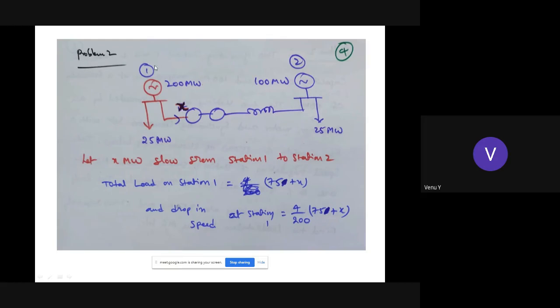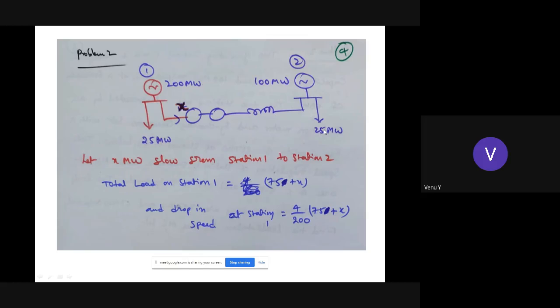Problem number 2. There are two generating stations. Generating station 1 has a rating of 200 megawatts, and generating station 2 is 100 megawatts. The loads are at station number 1. This is 75. You can change this value, 75 megawatts.